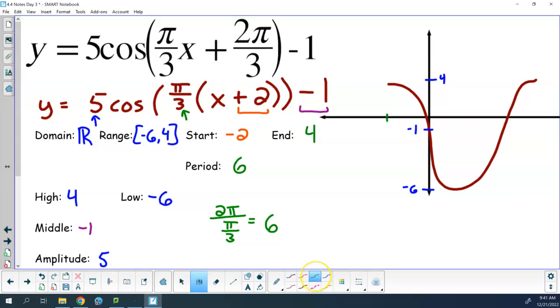Horizontally, we started at -2. We ended at 4. Halfway between -2 and 4. Halfway between -2 and 1 is -1/2.